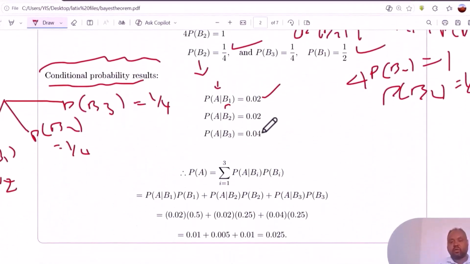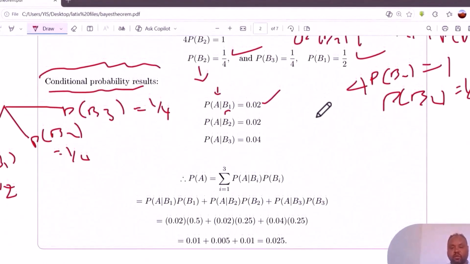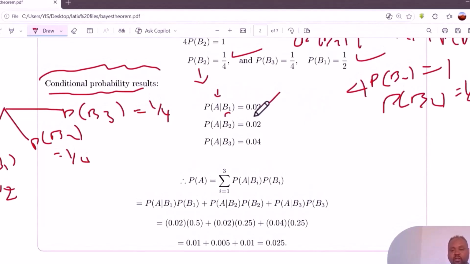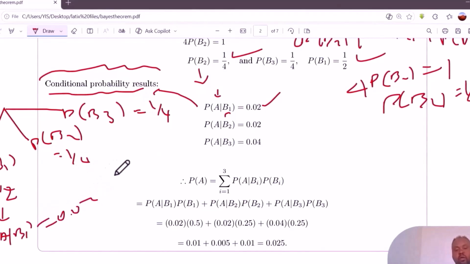So the probability of getting a defective item from machine 1 is 0.02, meaning the probability of A given B1 is 0.02. This is from the conditional probability definition. The same is true for machine 2: the probability of A given B2 is 0.02.